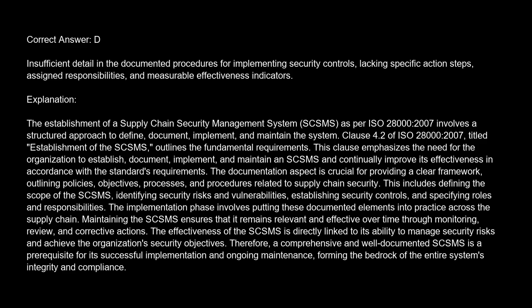Maintaining the SCSMS ensures that it remains relevant and effective over time through monitoring, review, and corrective actions. The effectiveness of the SCSMS is directly linked to its ability to manage security risks and achieve the organization's security objectives. Therefore, a comprehensive and well-documented SCSMS is a prerequisite for its successful implementation and ongoing maintenance, forming the bedrock of the entire system's integrity and compliance.